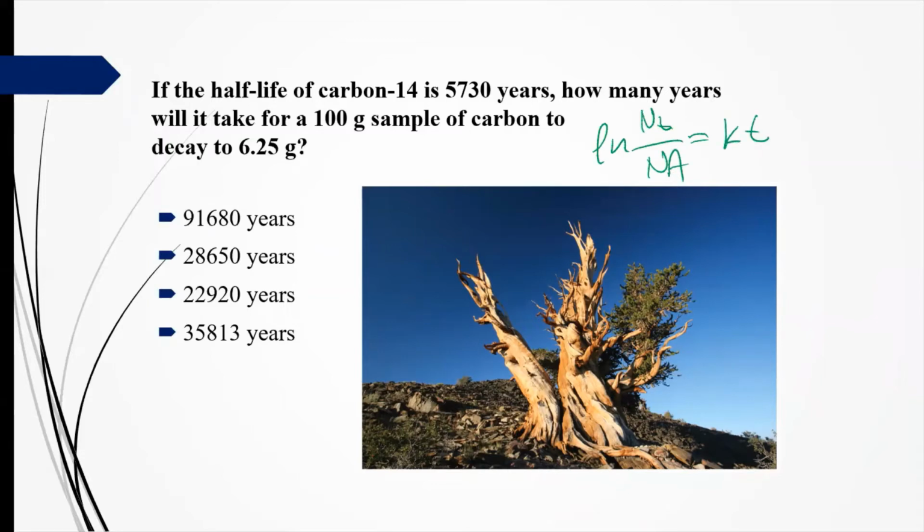We know that t_1/2 is ln 2 over k, and so we can change that over. We can first find our k and then use that to find our time. So ln 2 divided by 5,730.